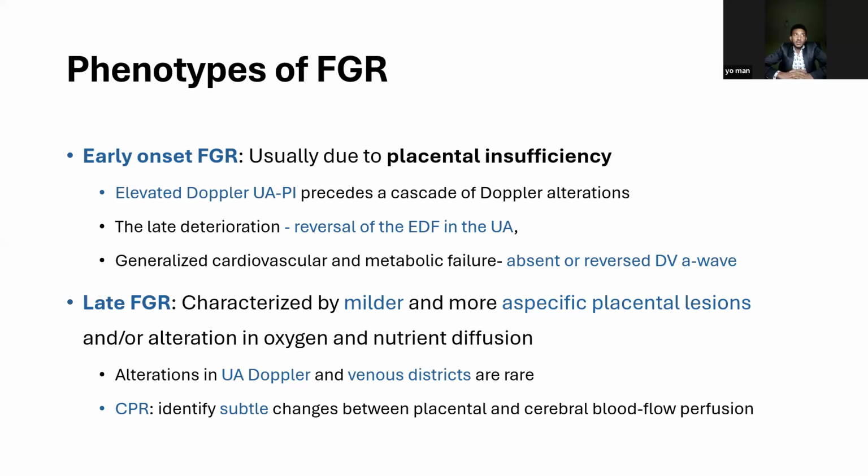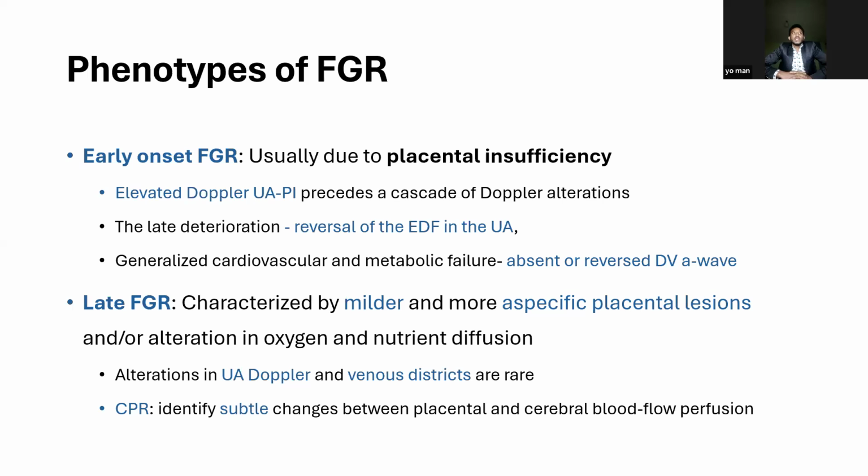But usually in the Delphi consensus criteria, the experts were gathered and agreed that a 32-week cutoff will be used to delineate early onset FGR from late onset FGR, because they have a different pathophysiological pattern and a different management, okay?